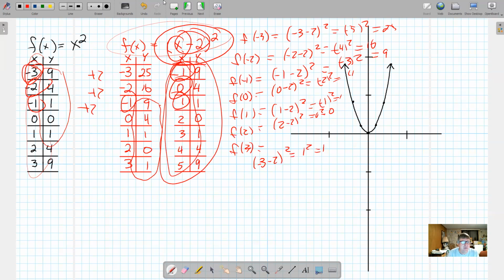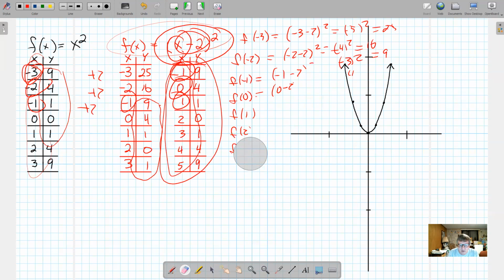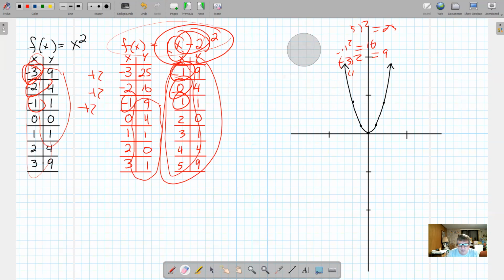Well, we've got this big mess here. Let's see if I can erase some of this and make it easier to look at the graph. I know this is exciting watching me erase things.